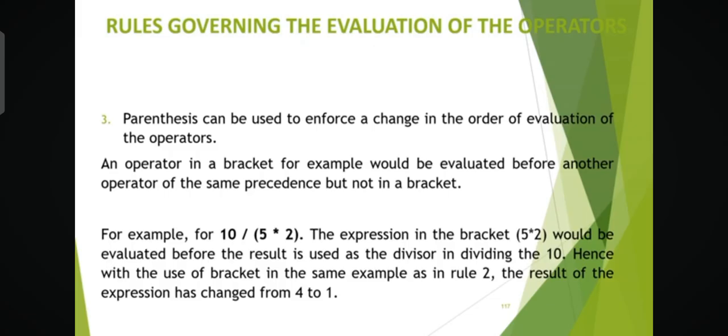So we put it in brackets. So when we put it in brackets, we have 5 times 2, and then we have 10 divided by, in brackets, 5 times 2. But since 5 times 2 is in brackets, that means that will be executed first. So that will give us 10. And 10 divided by 10 will give us 1. Please, is this clear? Yes, please. It's clear. Okay, great.